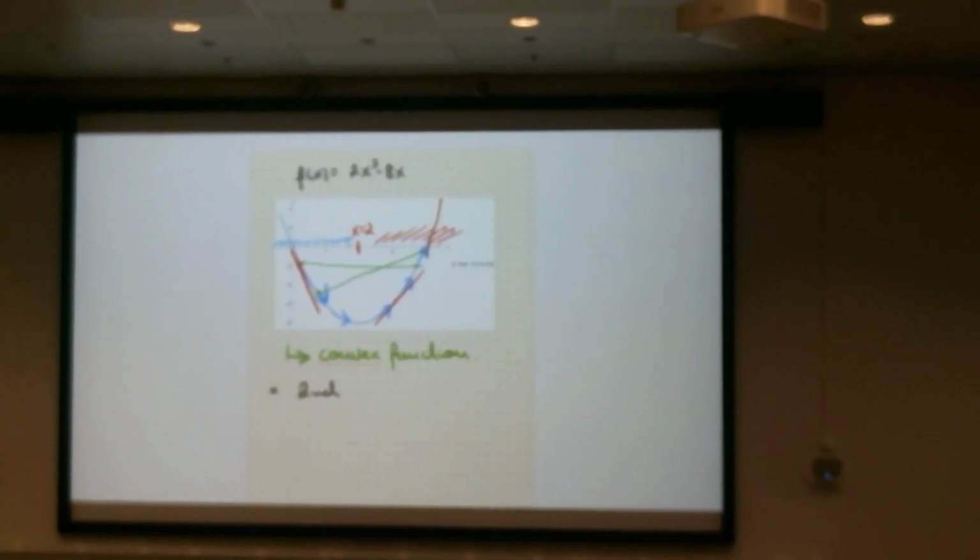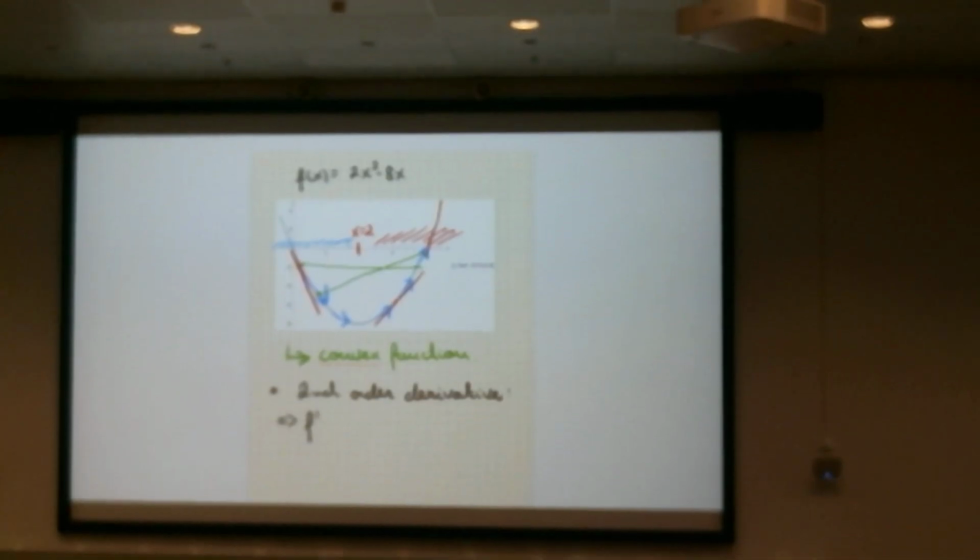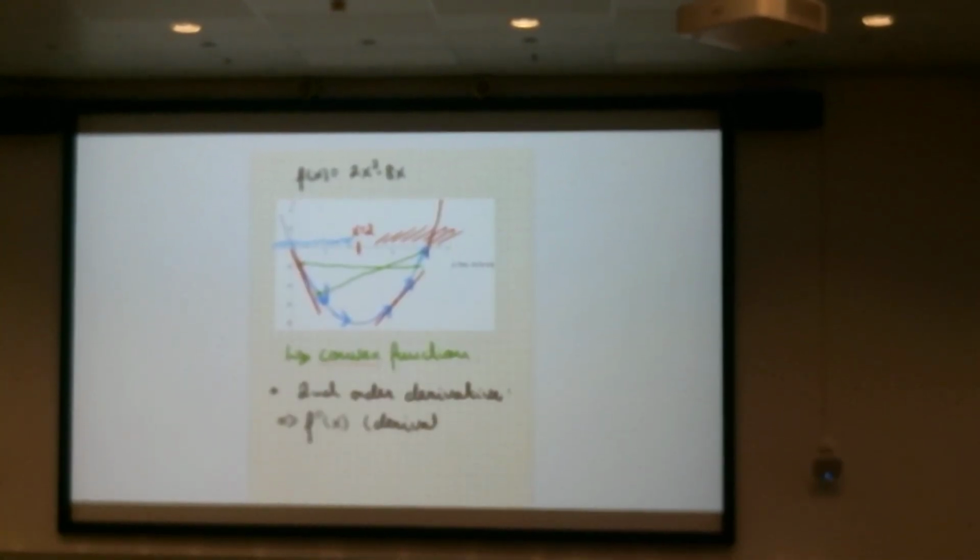So let me look at this very specific function. The second order derivative is denoted as f with a double prime, meaning that we took the derivative 2 times. So it's a derivative of a derivative.